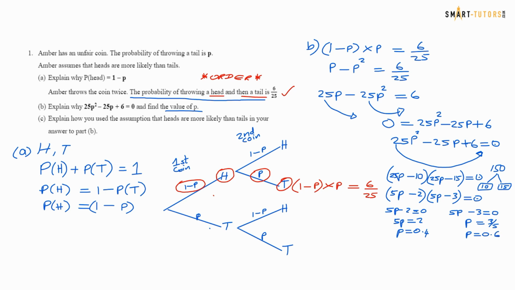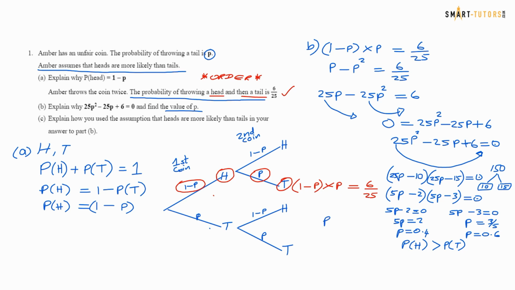So, find the value of p. It's singular, so you need to find which one of the answers is correct and which one is wrong. If you read the question, Amber assumed that heads are more likely to happen. So probability of head is greater than probability of tail. P is the probability of tail. So what is head?